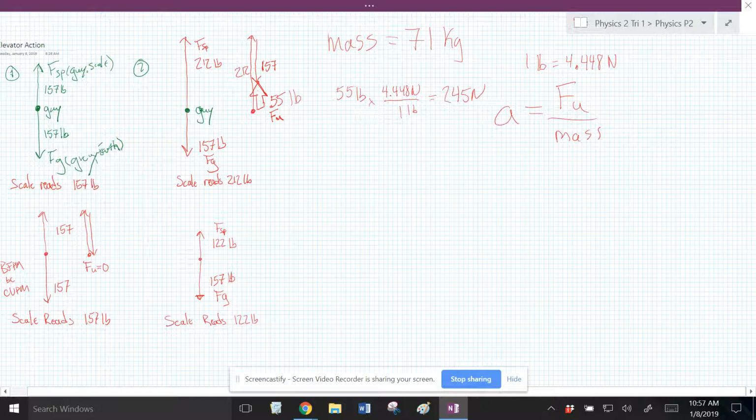And then if I want the acceleration, I'm just going to take 245 newtons of FU divided by 71 kilograms of mass. It's going to be in the ballpark of 3.45.